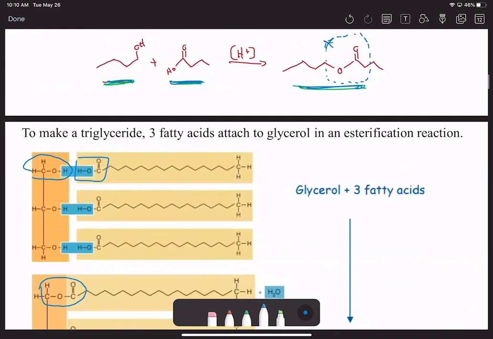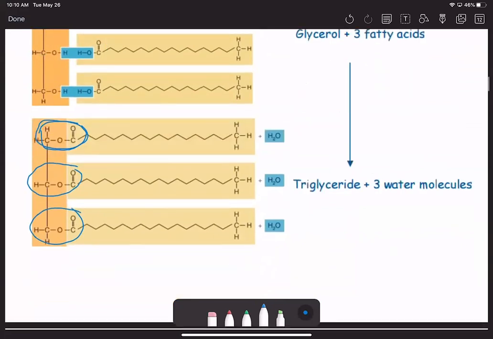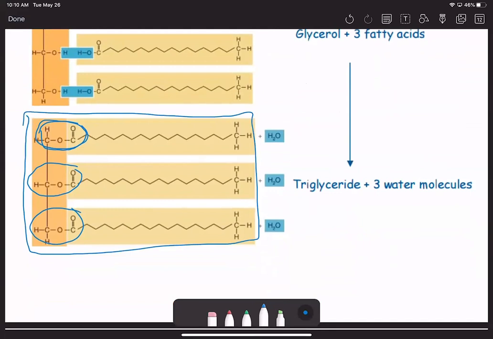And that's the same thing that we have up here, right? So alcohol plus carboxylic acid, and I get my ester. But because we're using glycerol and there's 3 alcohol groups on it, I have 3 ester bonds. And this whole thing right here, this large lipid here, is what we call a triglyceride.